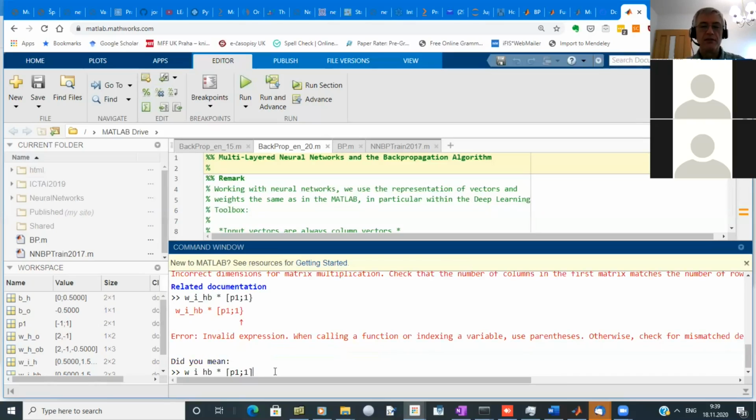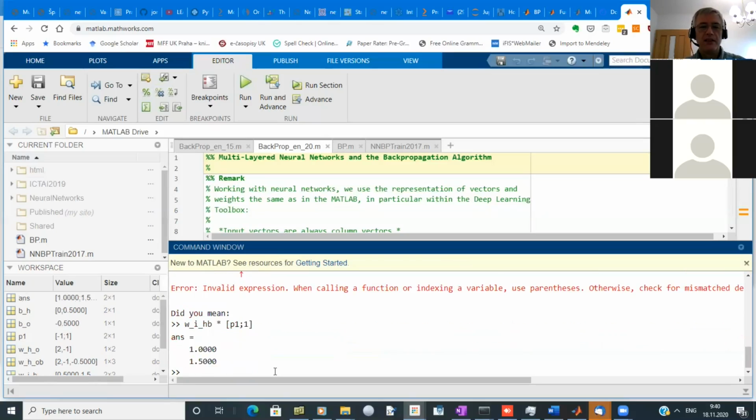And then, of course, the square brackets would be there. And in this way, we obtain the potential on both hidden neurons.